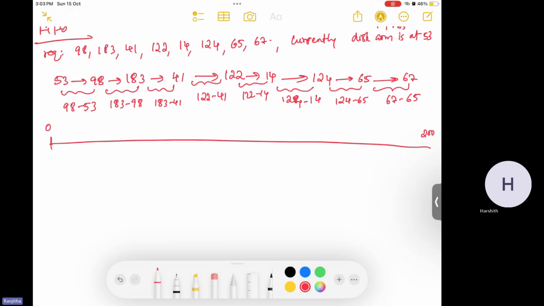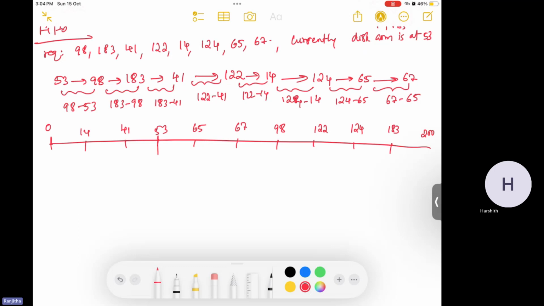So we can mark all of them here: 14, 41, after that 53, then 65, then 67, after that 98, then 122, 124, and 183.